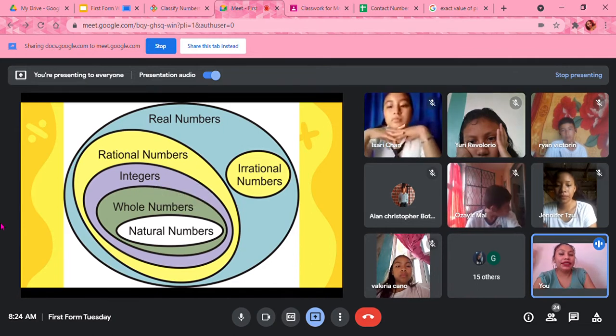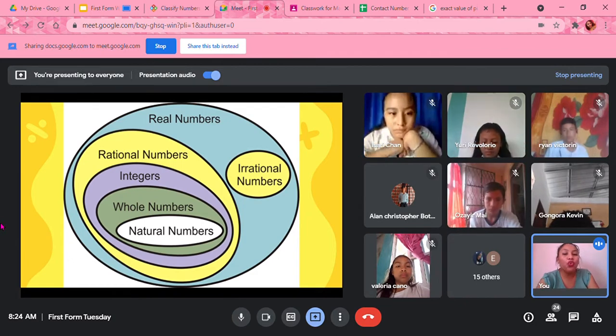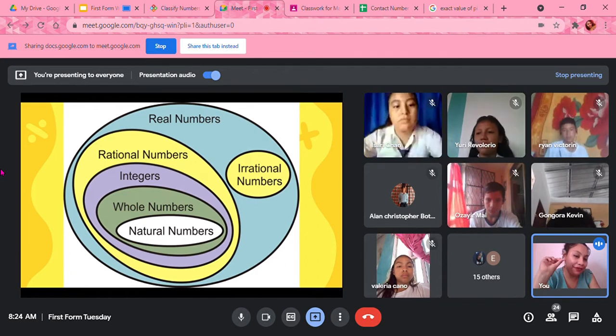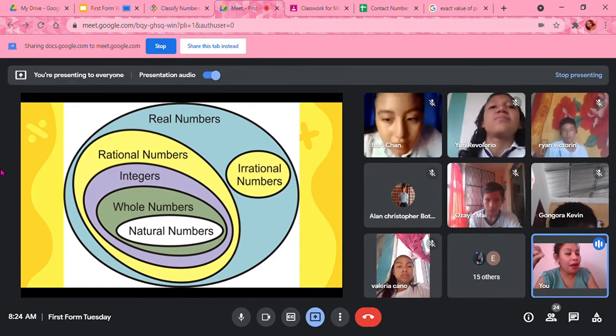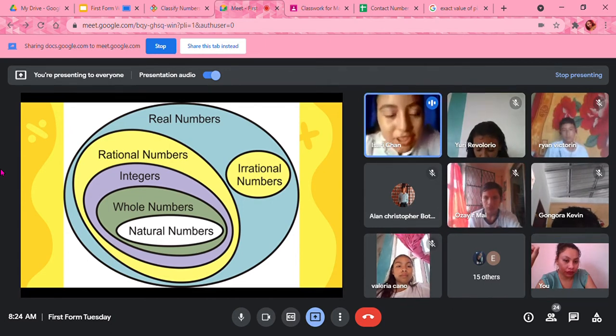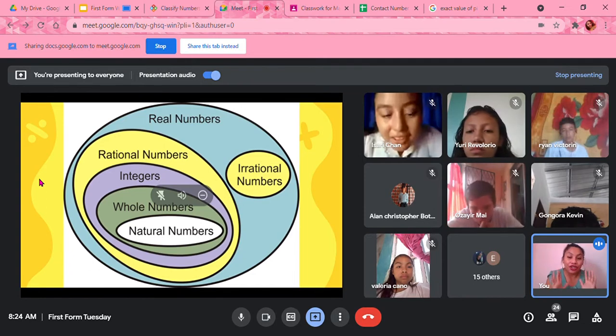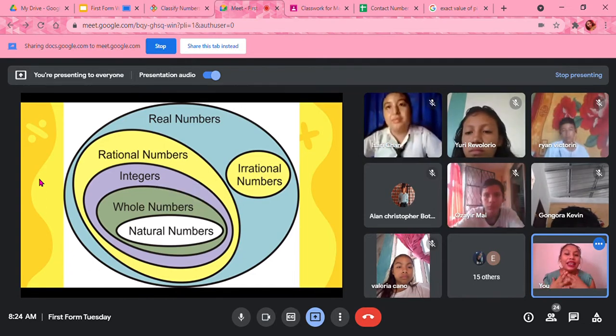If I say I have the number negative 3, where in this diagram would I put negative 3? What kind of number is negative 3? It's an integer and a real. It's an integer. Very good. Negative 3 is an integer.